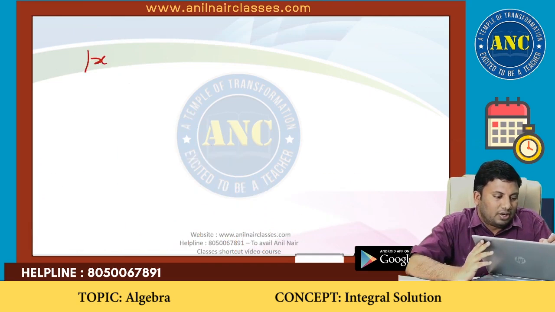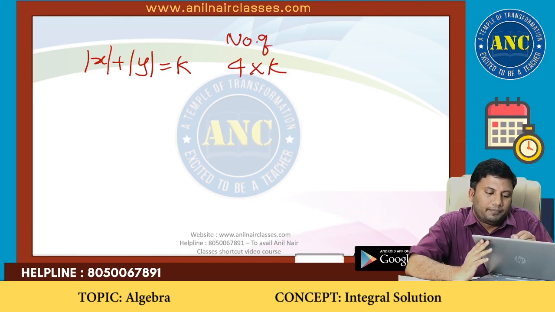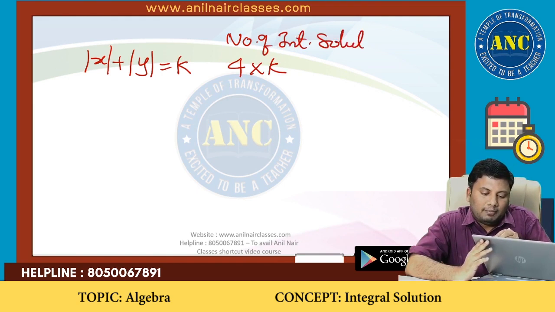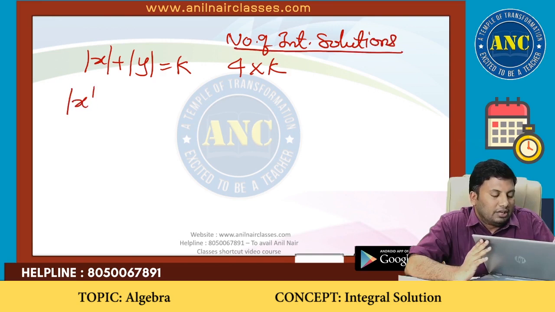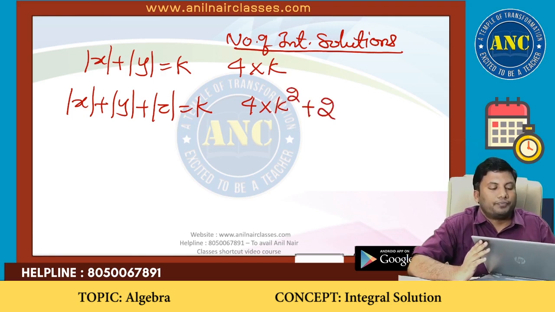First, write down here. |x| + |y| = k: the number of integral solutions will be 4k. If 3 variables are there, |x| + |y| + |z| = k, it is nothing but 4k² + 2.